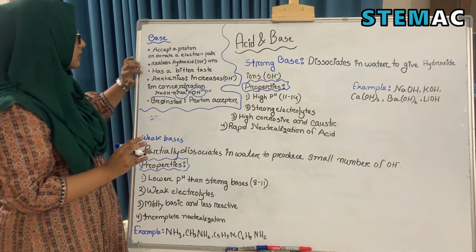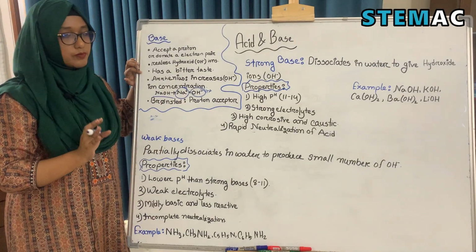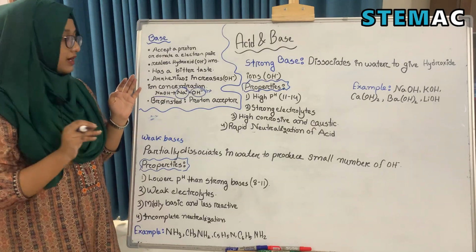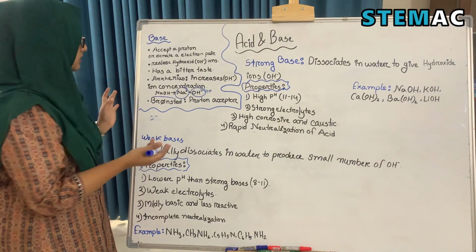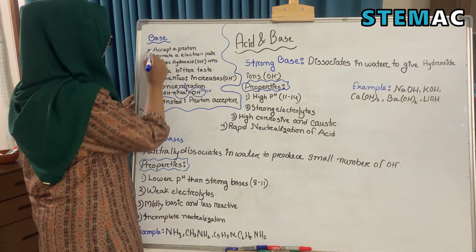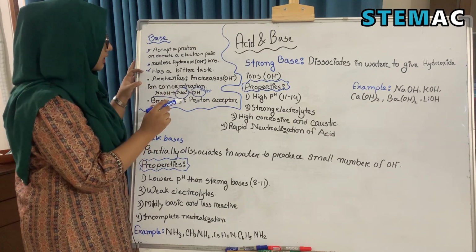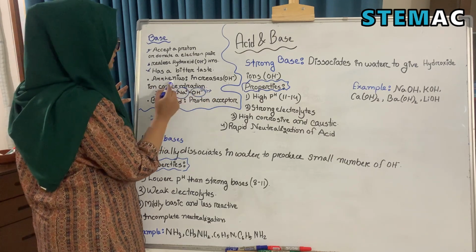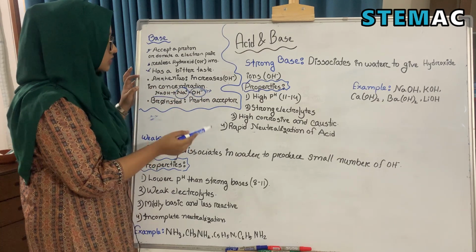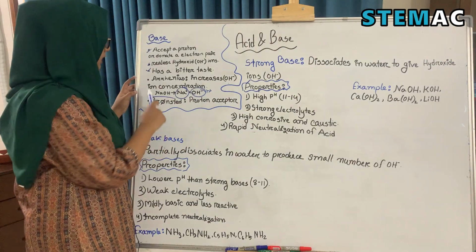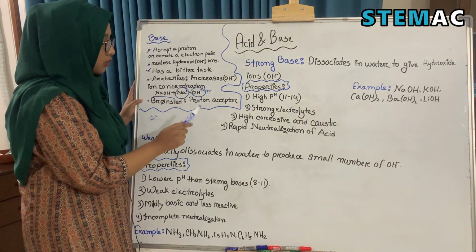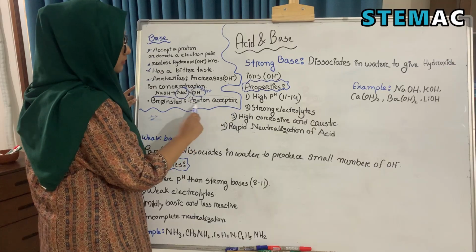And the most important part is that litmus paper shows a red to blue color change in those cases. In the case of the Arrhenius definition, a base increases the OH- concentration in an aqueous environment, and in the Bronsted-Lowry definition, it is a proton acceptor.